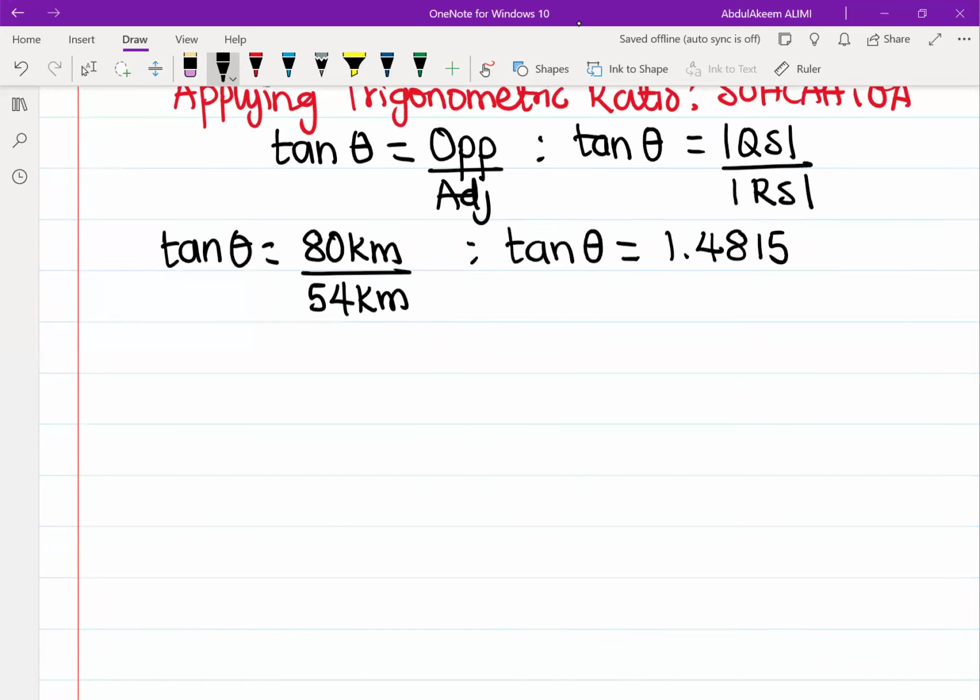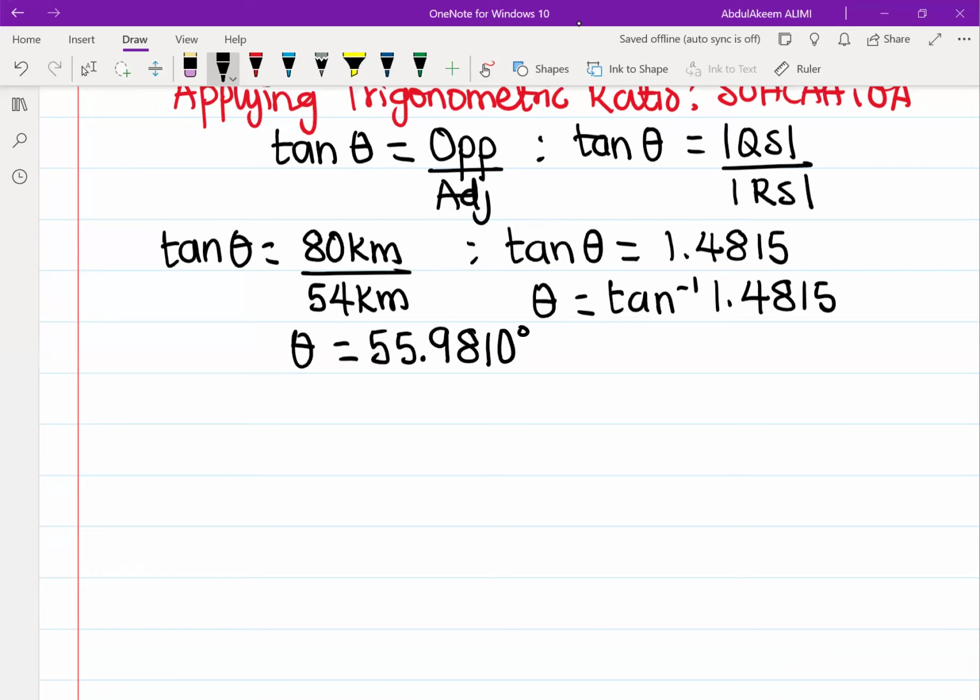So I have my theta equal to the tan inverse of 1.4815. So I have my theta equal to 55.9810. So my theta is approximately 56 degrees, and that's one decimal place.